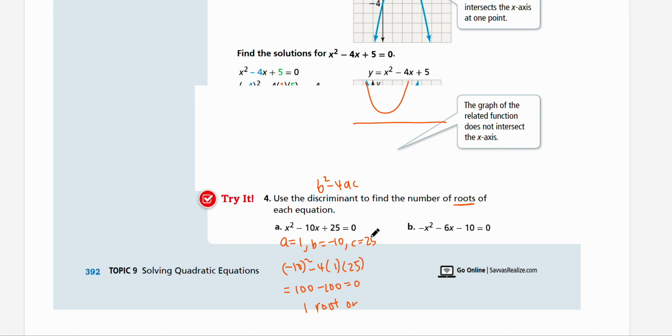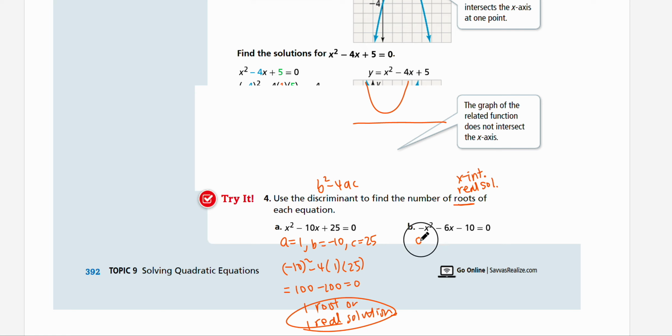The number of roots means how many real solutions, or how many x-intercepts. So these all have the same meaning for quadratic equations. So 1 root, or 1 real solution, or 1 x-intercept.